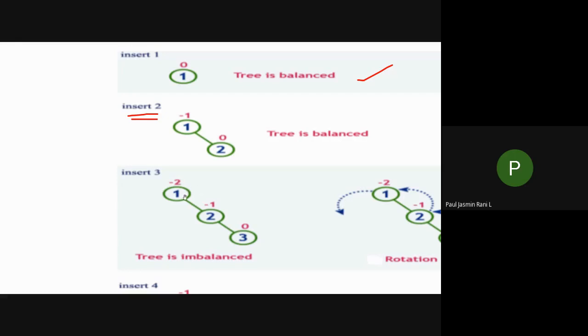Now we see that this root node 1 happens to be minus 2. Other nodes we don't have any problem with, but the root node 1 has the value minus 2. It means that it doesn't satisfy the property of an AVL tree, because you should have a balance factor of either 1, 0, or minus 1, but here you have minus 2.